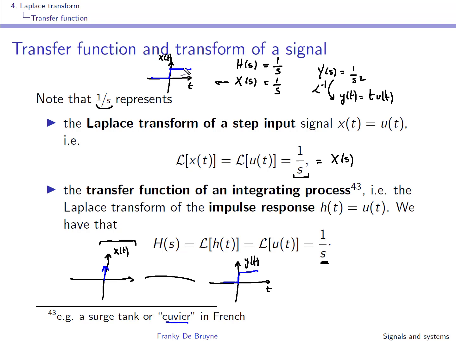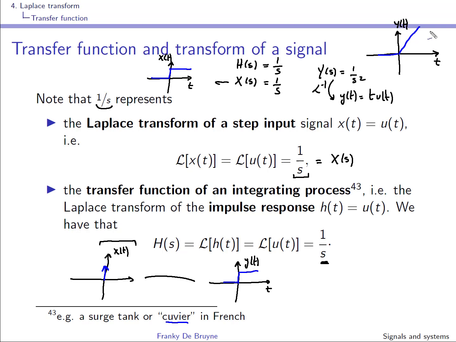So what you do is open the tap to a given position and then you leave it there. And what will happen, of course, at the output is that you'll see a ramp at the output. That is to say, something that will go like this.